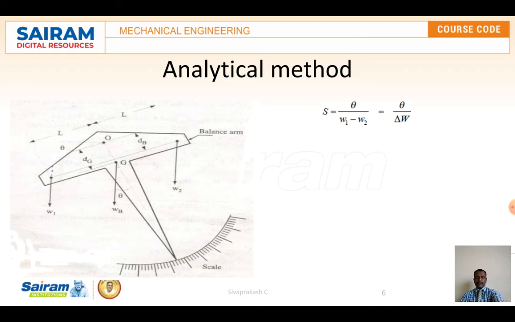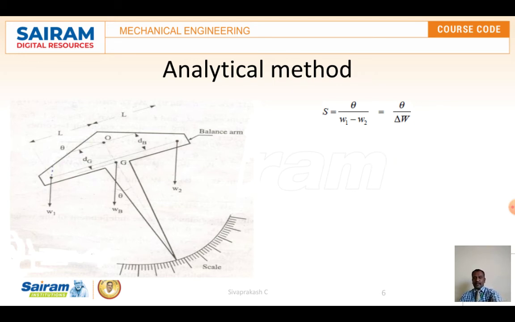The sensitivity of the balance depends on the angular deflection per unit of unbalance between the two weights W1 and W2. So S is equal to theta by W1 minus W2, that is, S is equal to theta by del W.